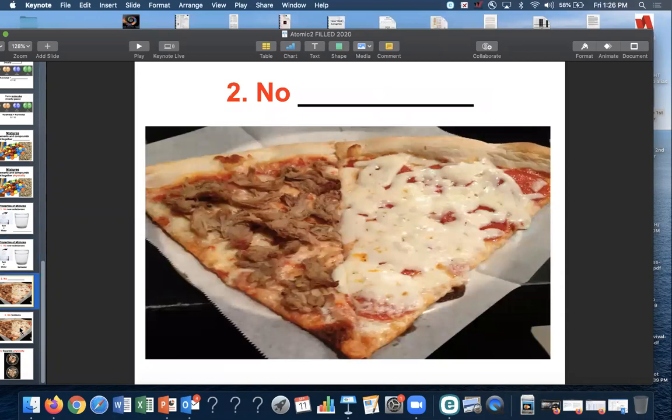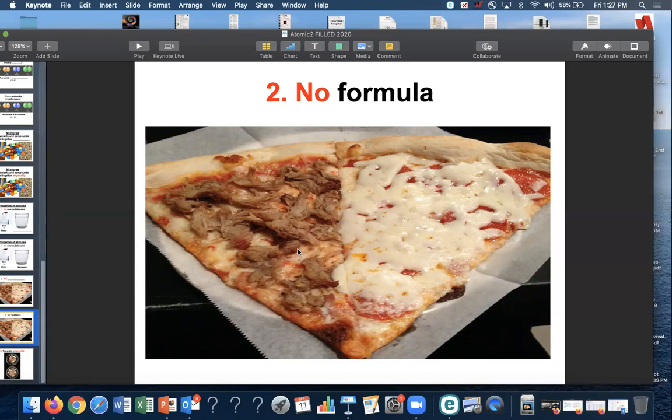Mixtures also don't have a formula. These are both pizza, I guess. One for sure, the other, technically I guess it's pizza, but it's clearly not the same formula, but they're both still pizza. There might be ratios or kind of a recipe, so to speak, that you could follow to make a mixture, but it's not a formula.